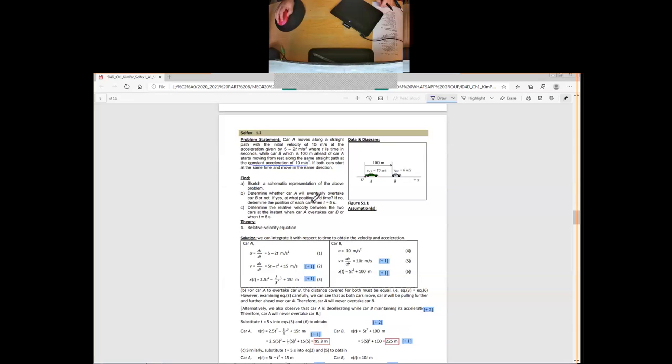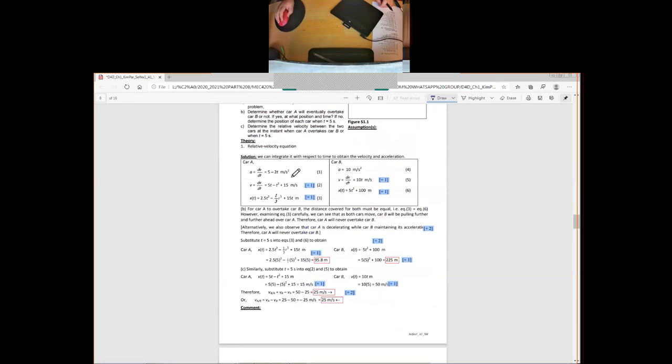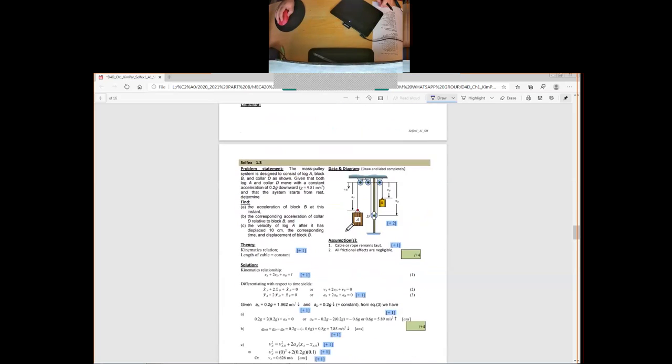This is a good example where car A has a variable acceleration, car B has a constant acceleration. So here V = dx/dt equals 20 for car B, and you can do the math for this one.